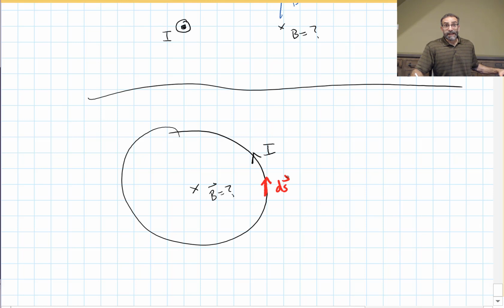What direction is r hat? r hat points from ds to our point of interest, where we want to know what the magnetic field is. So ds cross r hat is out of the page.